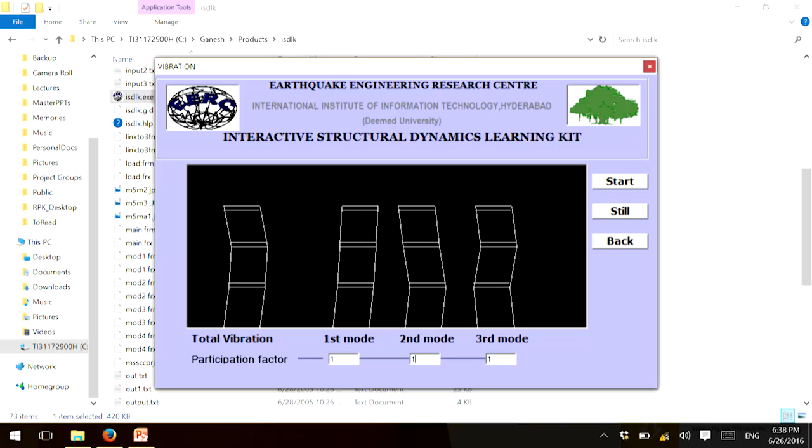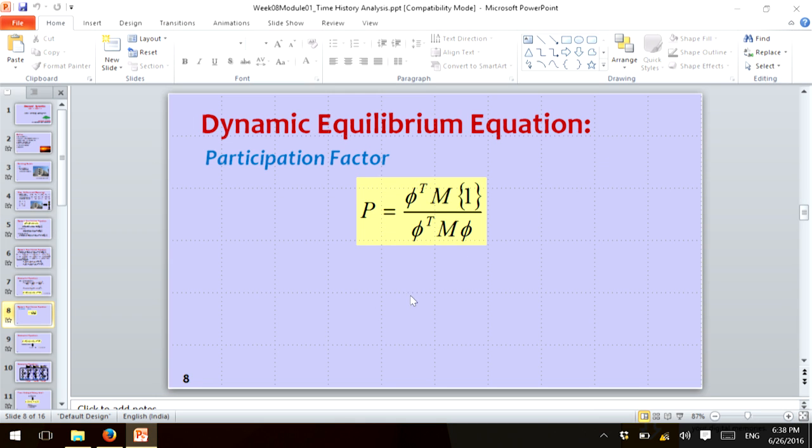In real structures, first mode participation will be higher, second mode participation will be slightly lower, and third mode participation will be much lower. That depends on this participation factor. This participation factor is telling us how much mass is participating in each mode, that means how much mass is participating in developing inertia force in that mode. That information is given by this.